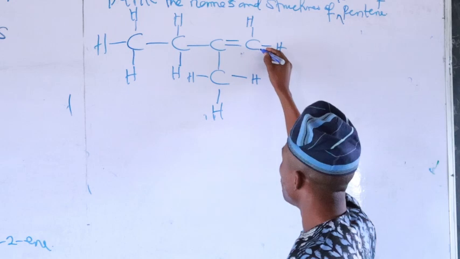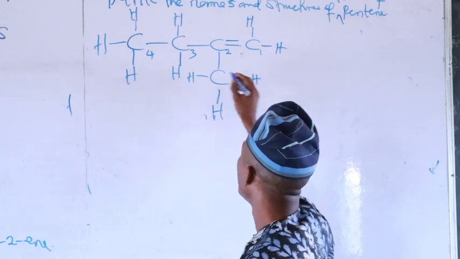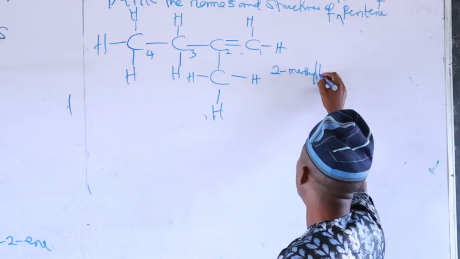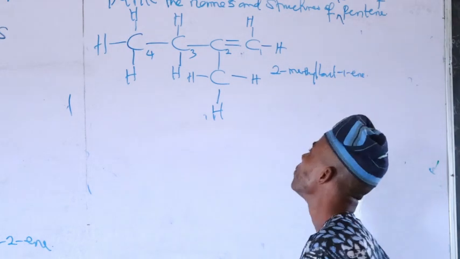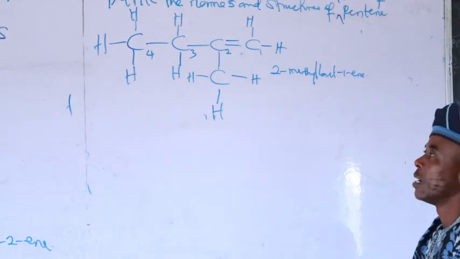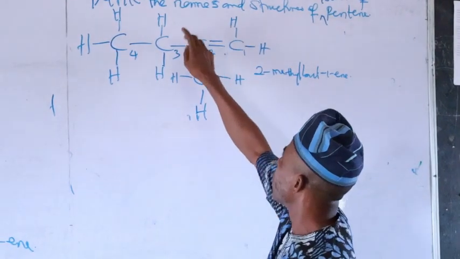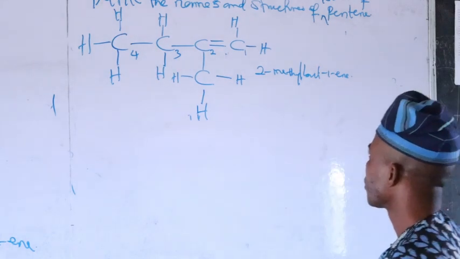This is carbon number 1, carbon number 2, 3, 4. This is what? 2-methylbut-1-ene. Can we take the double bond here? Can we? So let's look at this.